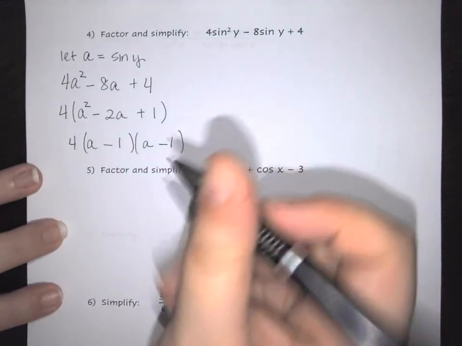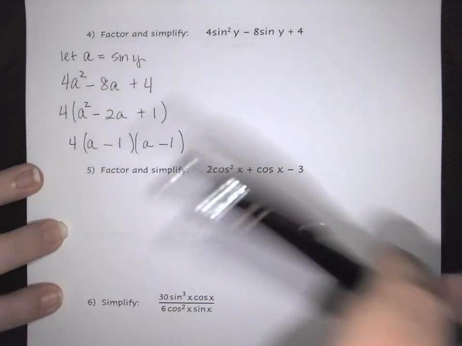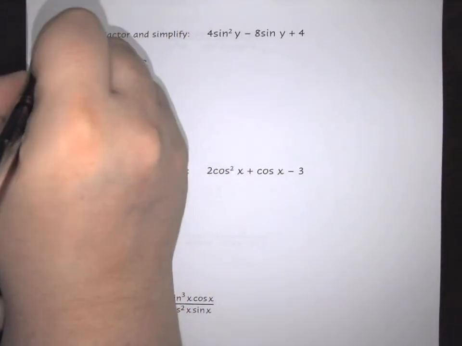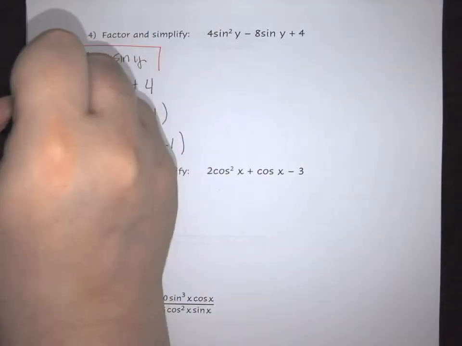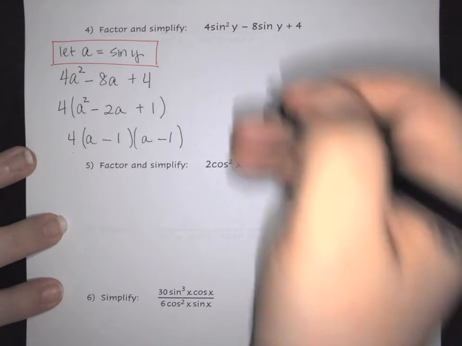And so in this case, once you factor everything down, the biggest thing you have to remember is that we started with a let statement. And when you start with a let statement, you have to finish by reinserting what you substituted.